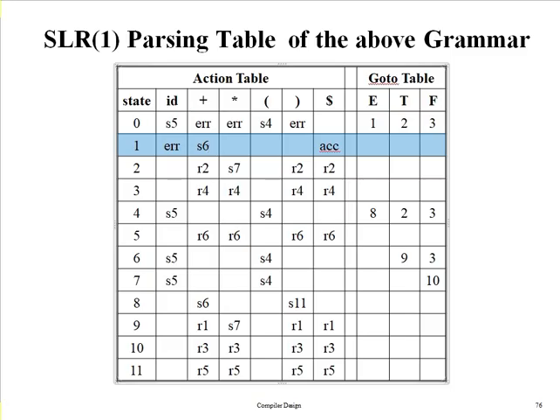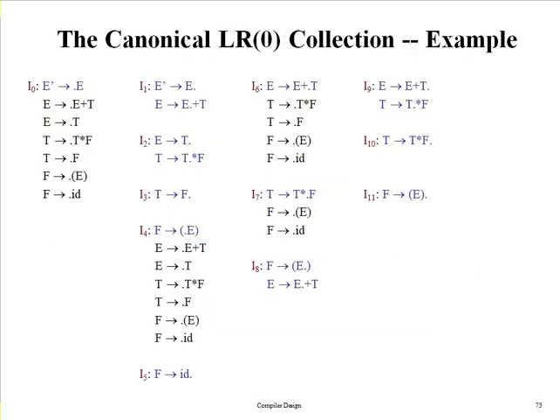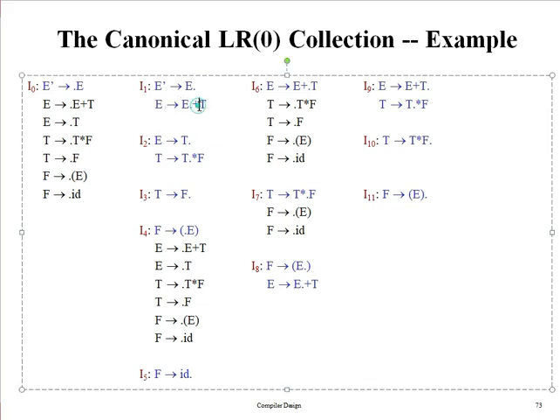For I1, this other item is not a final item, but after the dot we have a terminal symbol. So since we have a terminal symbol, we should add shift. Every time we detect a terminal symbol after the dot operator, we add the shift action and the state number that is generated from I1.